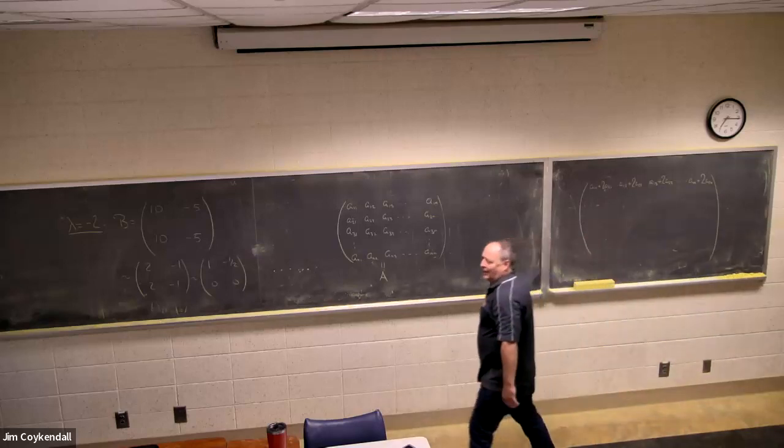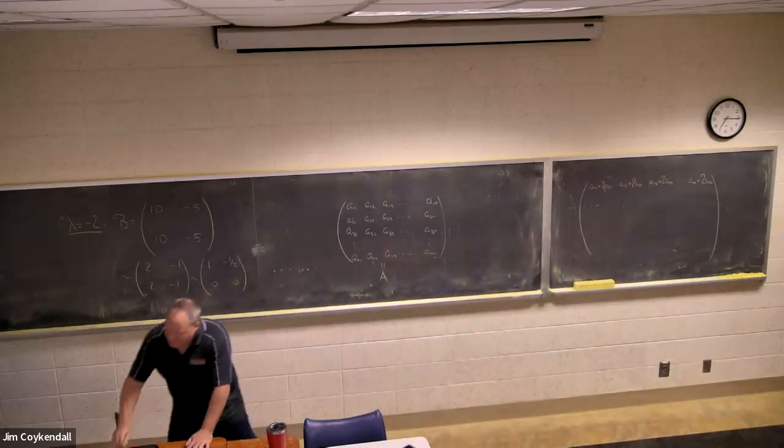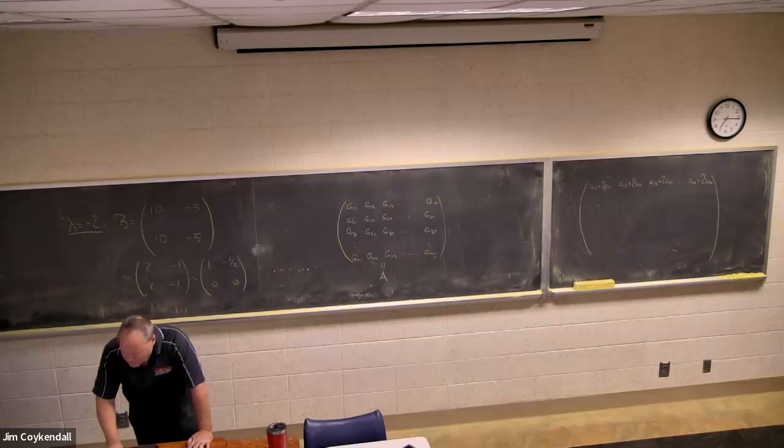Oh, did I read the problem wrong? Dang it. So I have to write this again. B is the matrix adding 2 times the first to the second.